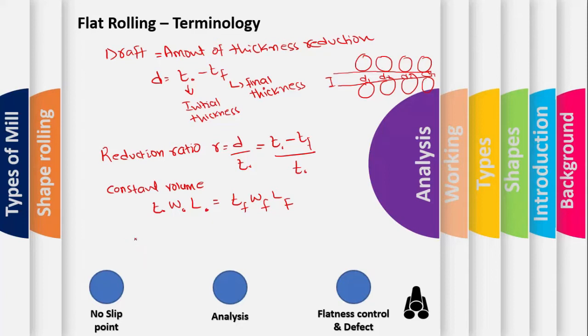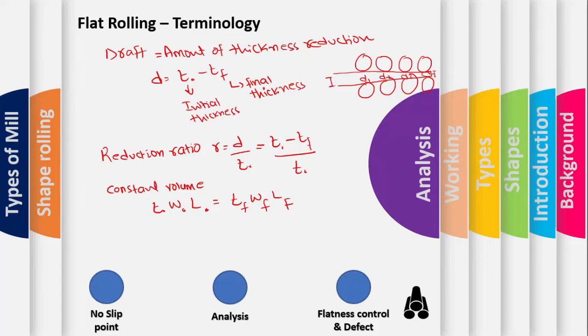And there is a thing: when we say that the thickness is being reduced, obviously some other dimension is also being changed, because if the thickness is reducing in this direction, it means some other dimension is being increased, because the volume is constant.